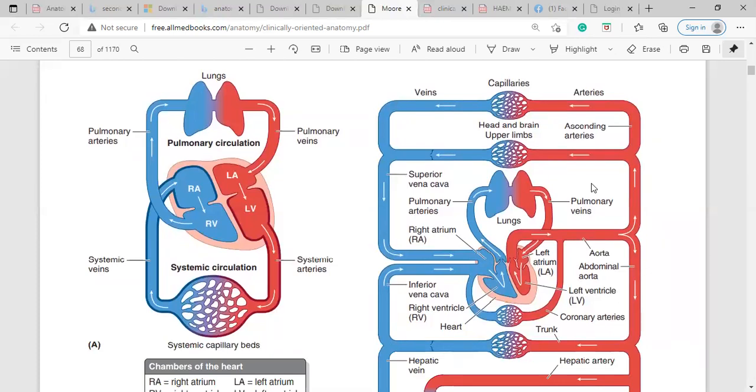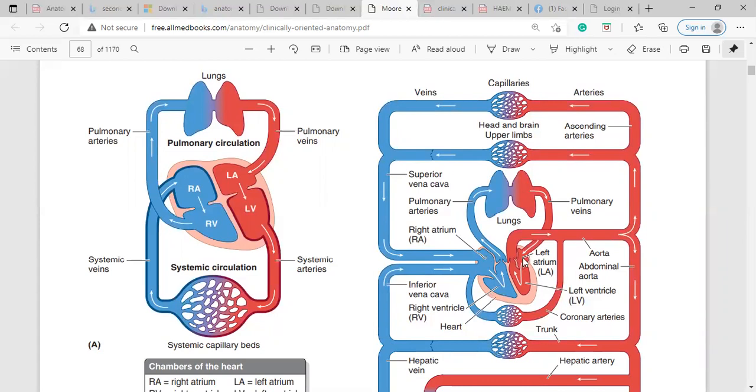Now, let's look at how the whole blood circulation works. Let's start from here. This is the right atrium, and this is the right ventricle.